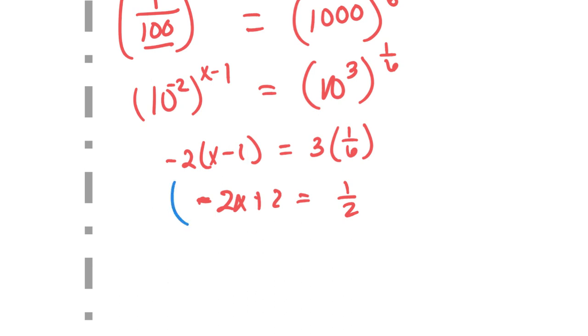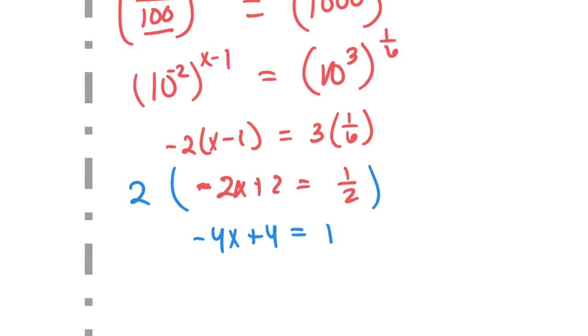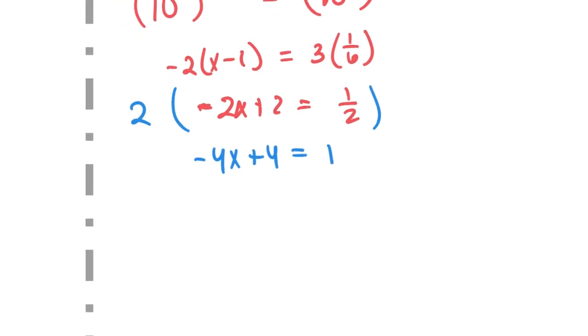So I'm going to multiply across by a 2, which will give me negative 4x plus 4 equals 1. We're going to subtract the 4, giving us negative 3. And then we get x equals 3/4. We okay with that? Wonderful.